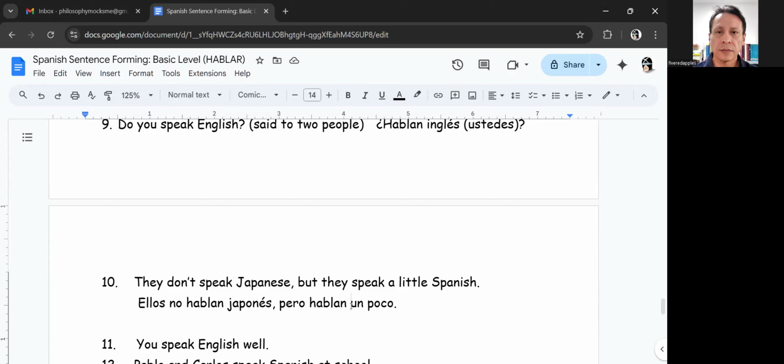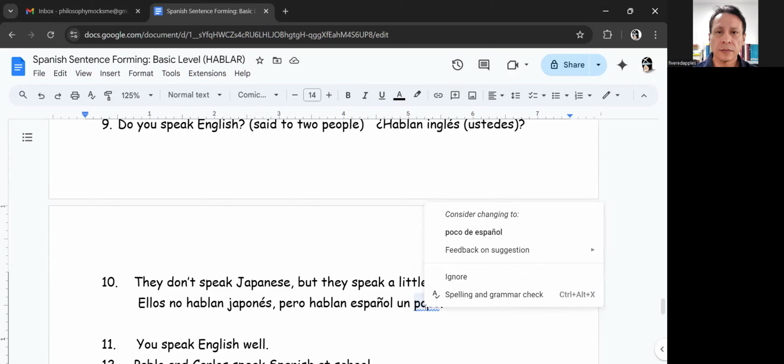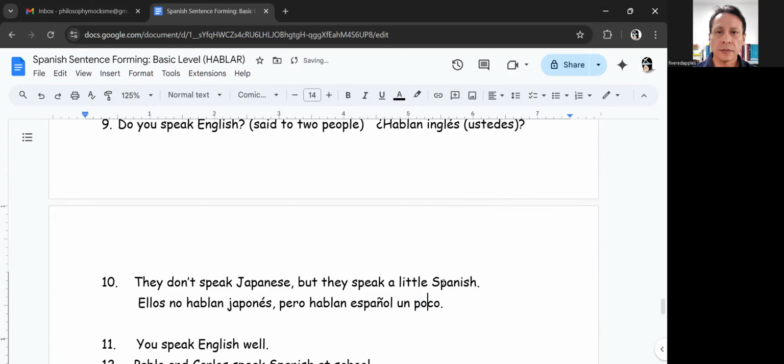Like I said, that's why it wants me to switch it over, but I'm not going to. No, it doesn't need to be un poco. I don't want to do it because I don't want to say de, and we haven't learned de, and so this is perfectly acceptable Spanish, perfectly good Spanish.